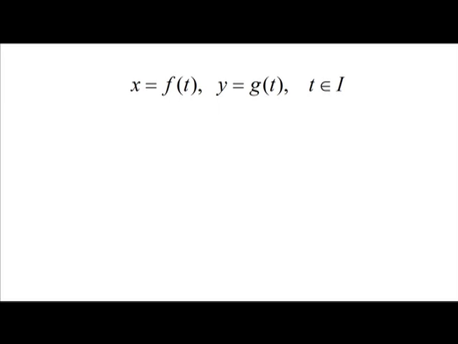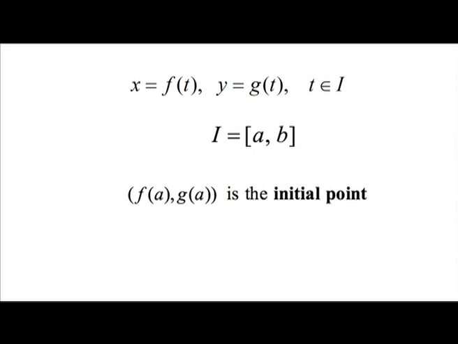In a representation by means of parametric equations, x is equal to f of t and y is equal to g of t with t belongs to I, where I is a closed interval, say I is equal to the closed interval [a, b], then the point (f of a, g of a) is the initial point of the curve and the point (f of b, g of b) is the terminal point of the curve.